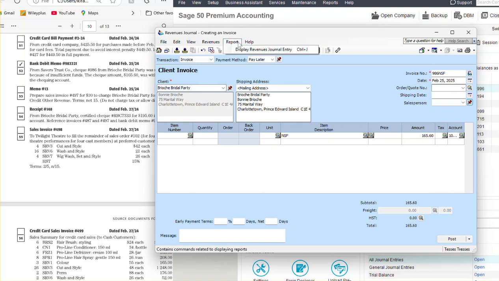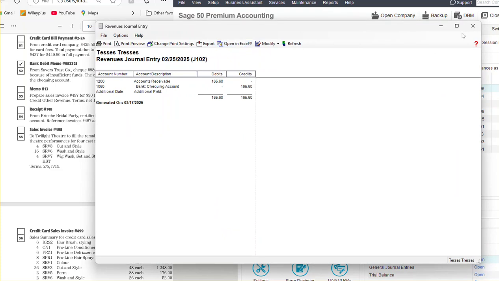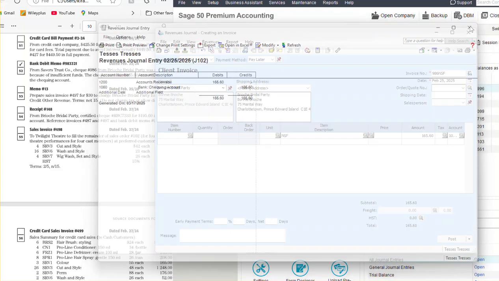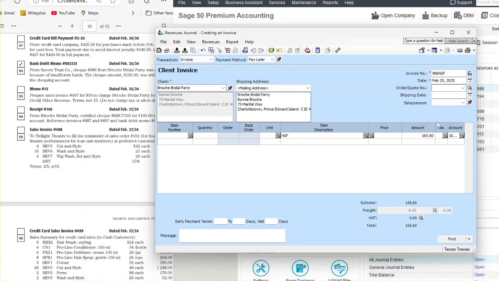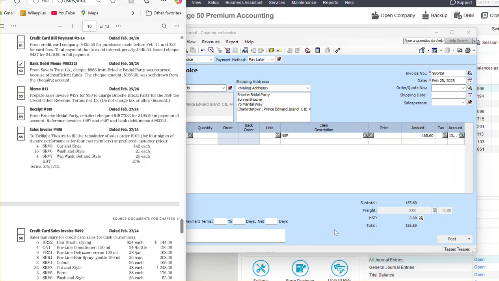So this will be your transaction. I don't know if I displayed the transaction earlier or not. This is your transaction. So let's go to the next one. The date is correct. Now we have a post.